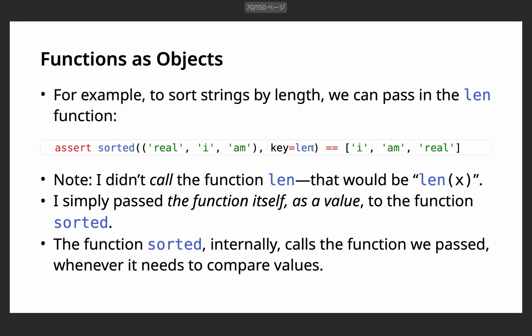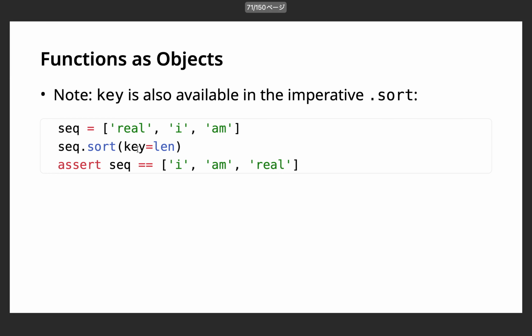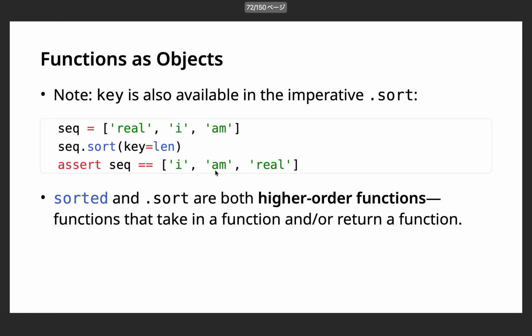What sorted does inside its implementation is that it is the function in charge of actually calling this length function. When we're making this function call, we're not yet calling the length function. That's the job of what happens inside the sorted function itself. This is also available if you use .sort instead of sorted, and it does the same thing.